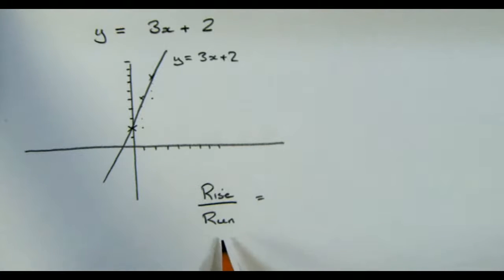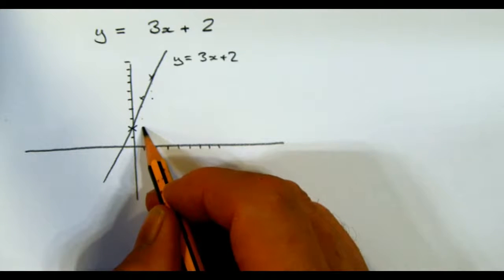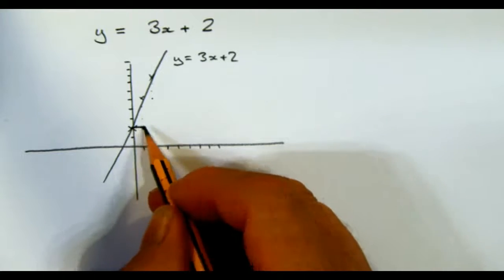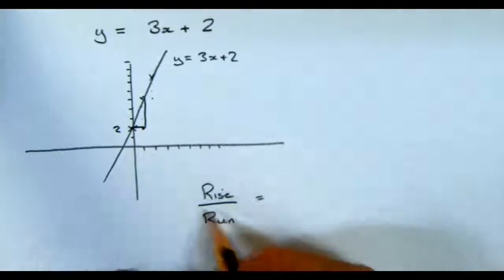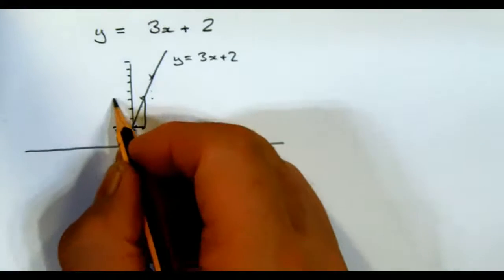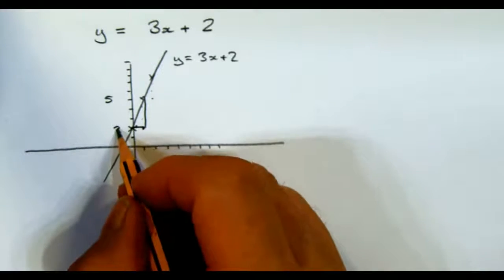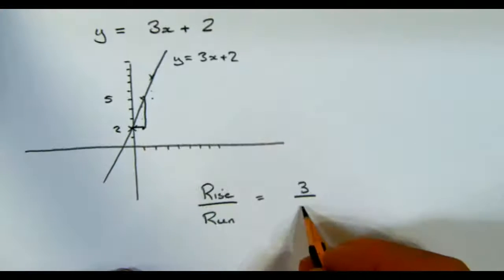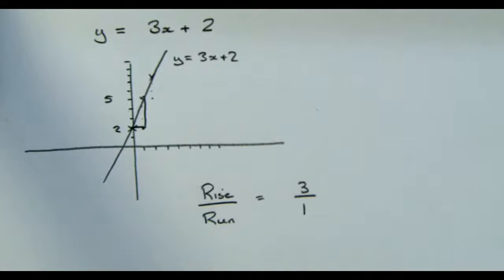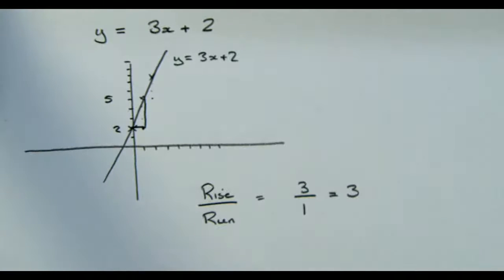So let's consider this point to that point. This is the point 2, and this is going to be the point 5. So we've got a rise here of 3 over the run of 1, and 3 over 1 is the same as 3.